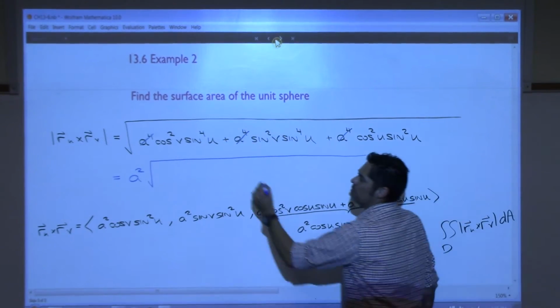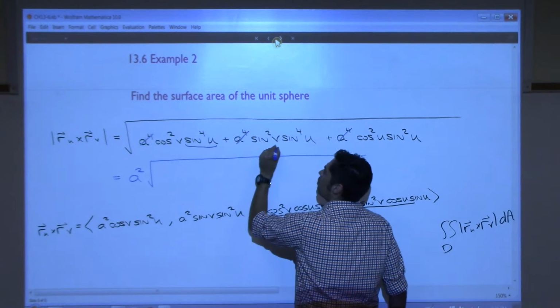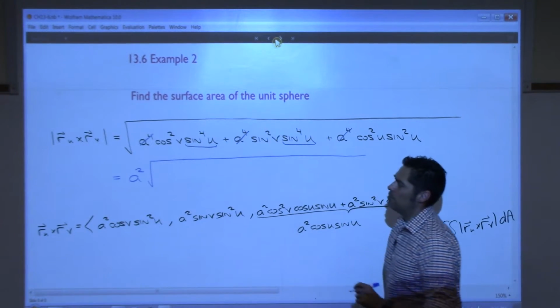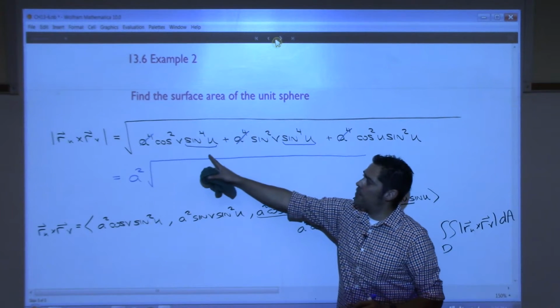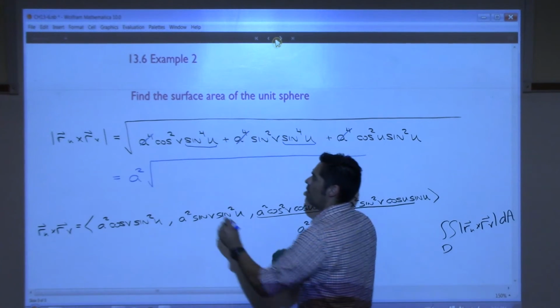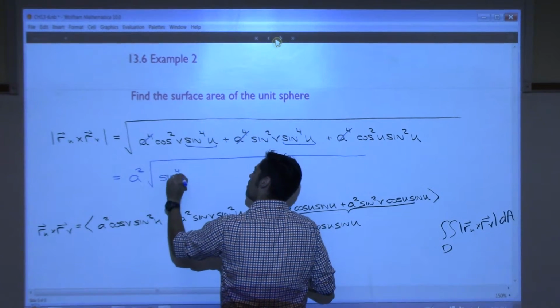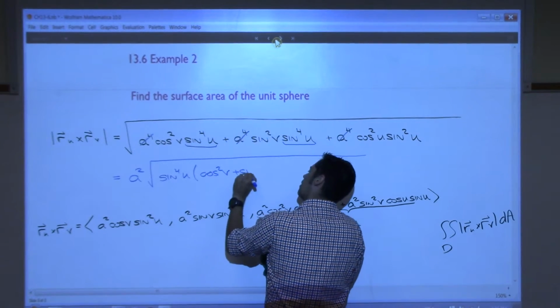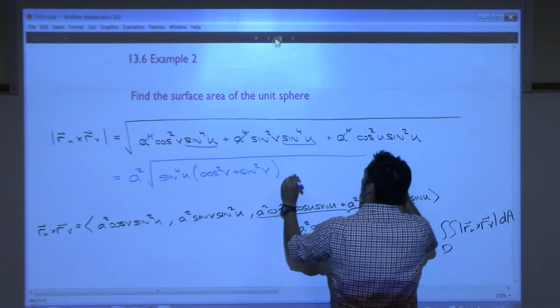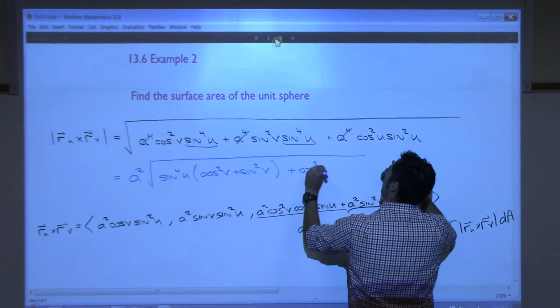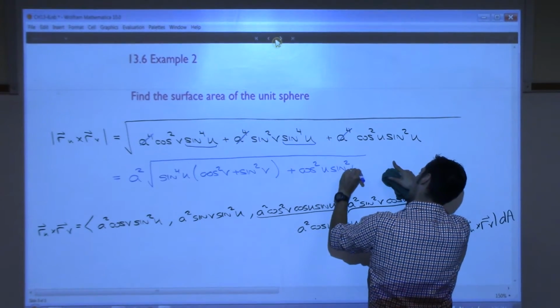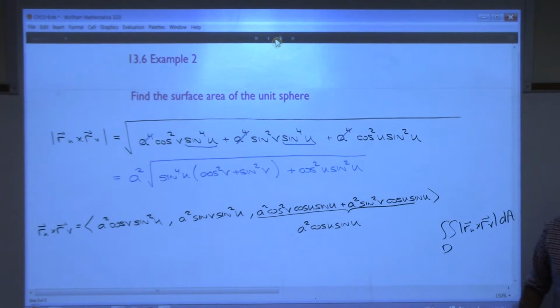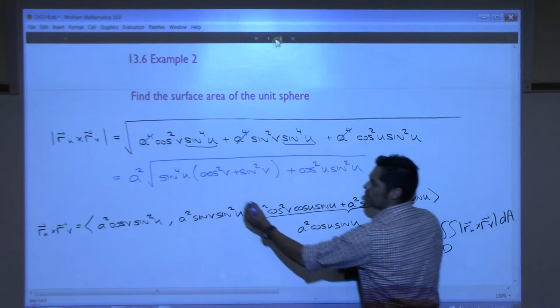On these two, I have sine to the 4th u, sine to the 4th u. Just pull that out of those two only. And I'll have sine to the 4th u times cosine squared v plus sine squared v. And then over here I have plus cosine squared u sine squared u, right? Yes, which this turns into a 1.